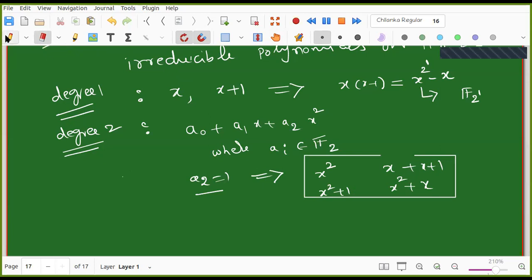So x square is equal to x into x. x square plus x is equal to x into x plus 1. What about x square plus 1?